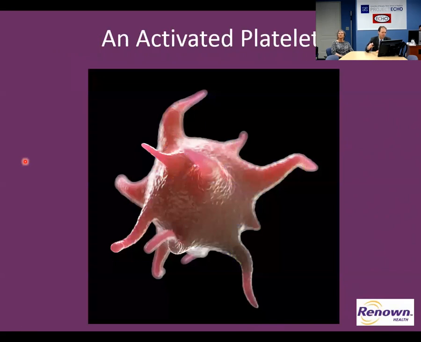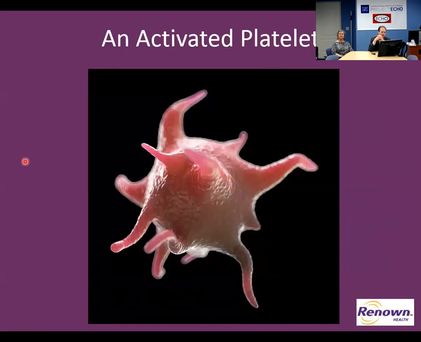And so this is an electron micrograph of an activated platelet. A deactivated platelet is nice and smooth, but these guys get all these spiny fingers. I tell patients that when platelets become activated, they become spiny like a porcupine. And this picture highlights that phenomenon.